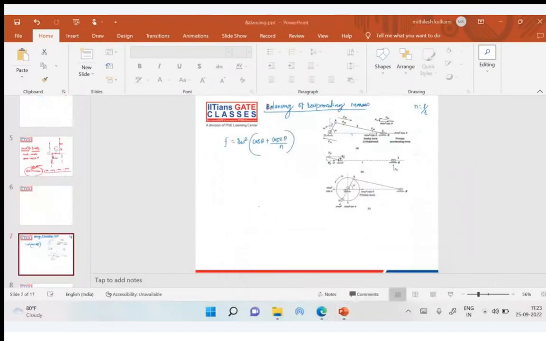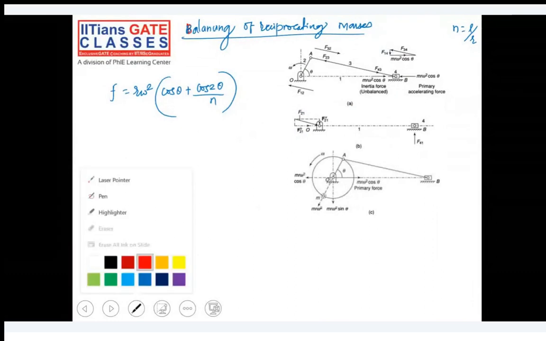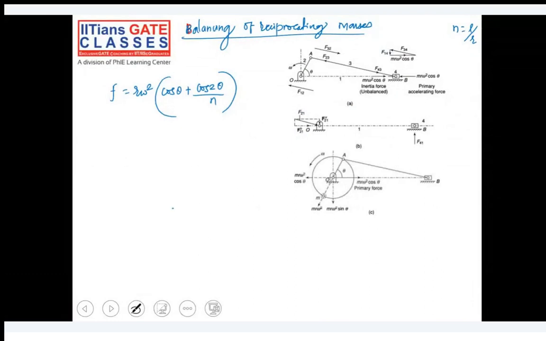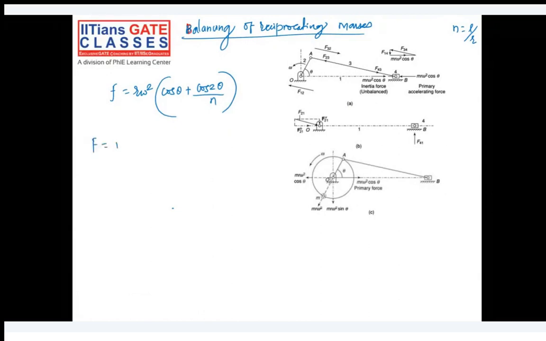Now this is our acceleration, and what is the force because of the acceleration? Capital F is equal to mass times acceleration, that is ma, and I can write it as mr omega square cos of theta plus cos of 2 theta divided by n. So it is mr omega square cos of theta plus mr omega square cos of 2 theta by n.